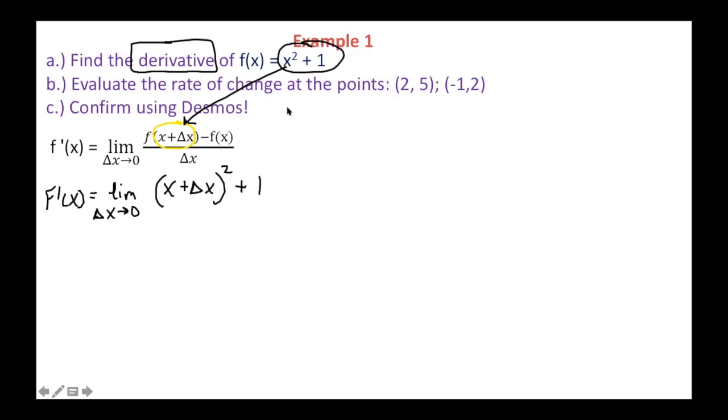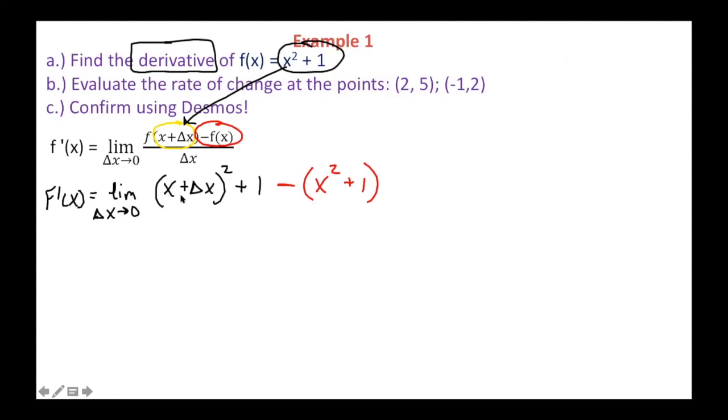And now I will put it in red. We have to do this part of the numerator. We have to subtract the function. So subtracting the function would be subtracting x squared plus 1. That is our numerator.